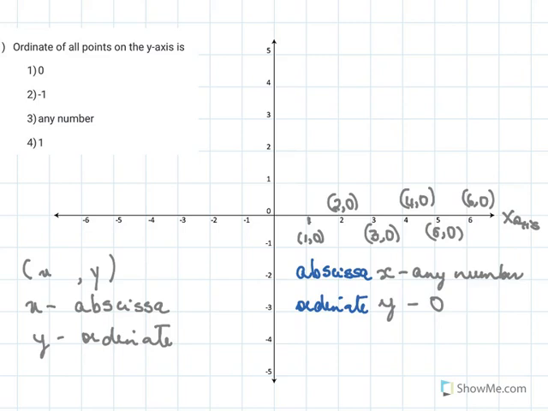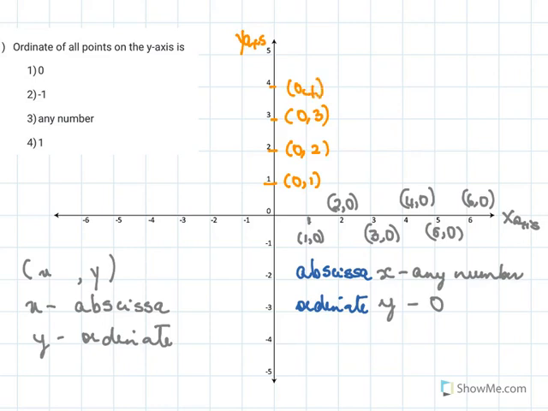When it comes to the y-axis, the points are written, 1 is written as 0, 1. 2 will be written as 0, 2. 3 will be 0, 3. 4, 0, 4.